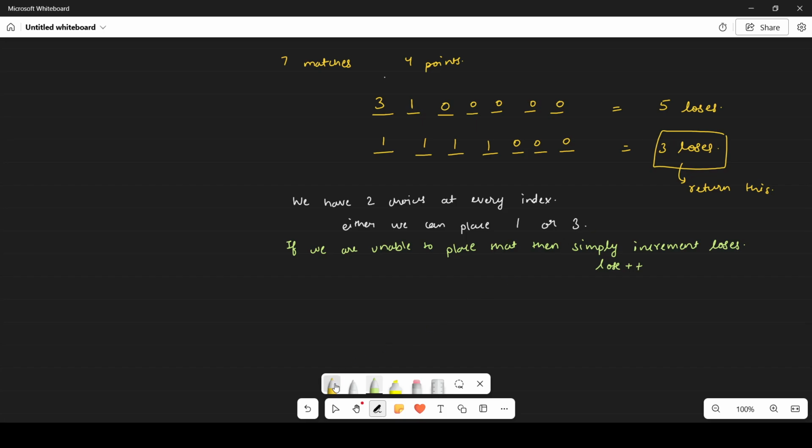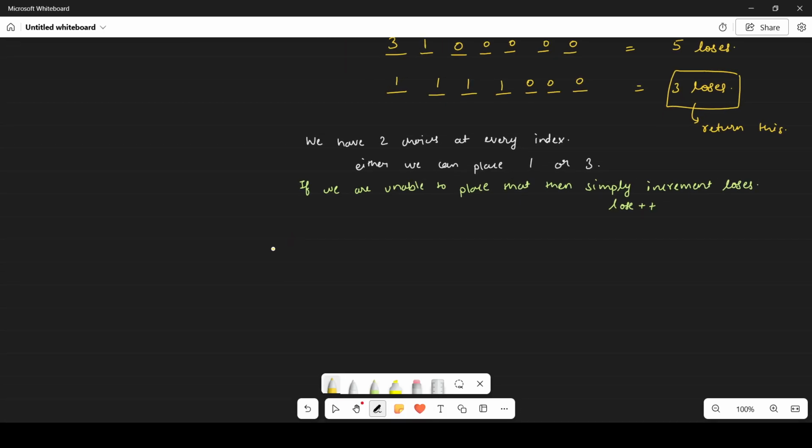Now the question arises: where should you put 1 and where should you put 3, at any position? Here there is a catch in this question.